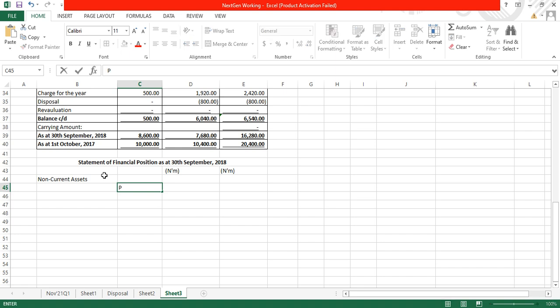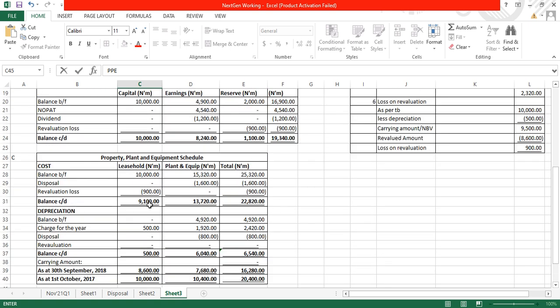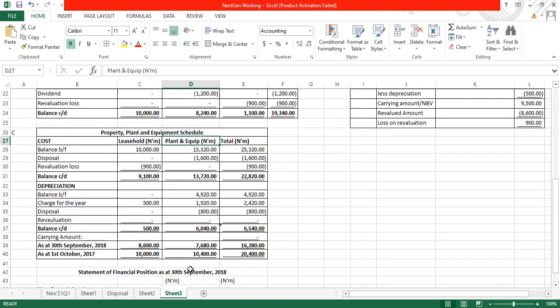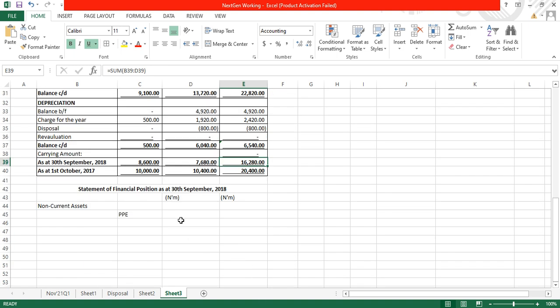Plant and machinery. Lease, lease free. Sixteen, 16 to 80, 2002.